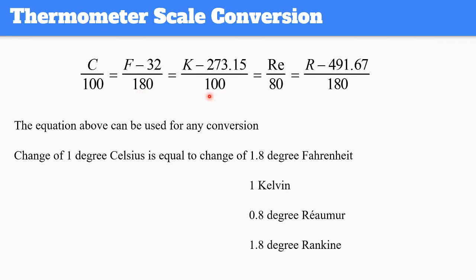Kelvin is changing with the same scale, Reaumur is changing by 80, and Rankine is changing by 180. That means if you change degrees Celsius by 1, you're changing the Fahrenheit by 1.8. Every Celsius change is equal to the Kelvin change because they increase by the same amount. But Reaumur is going to increase by 80, so 1 degree is going to be equal to 0.8, and Rankine has the same scale as Fahrenheit, so it's going to be 1.8.